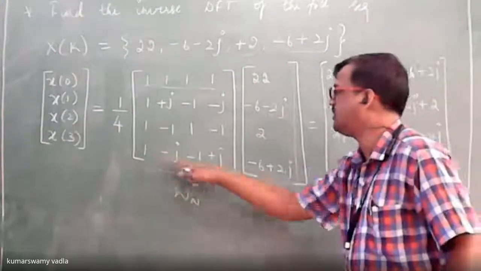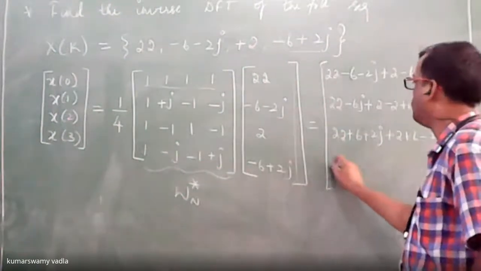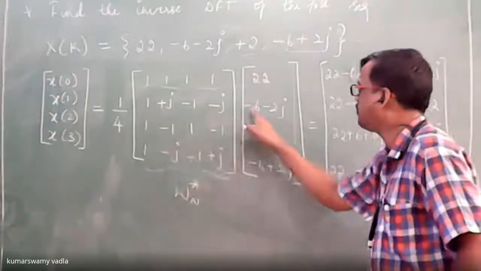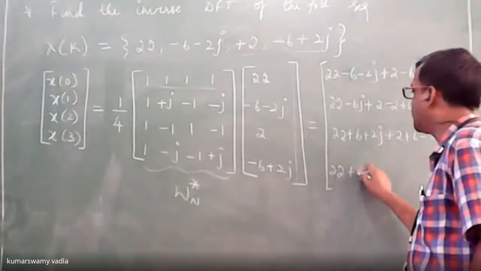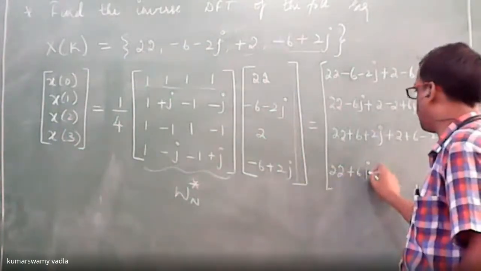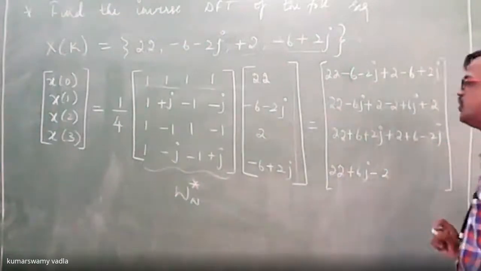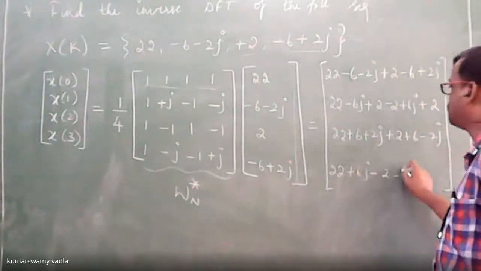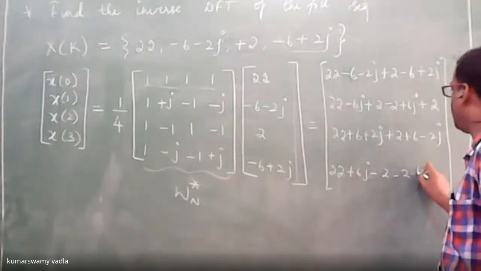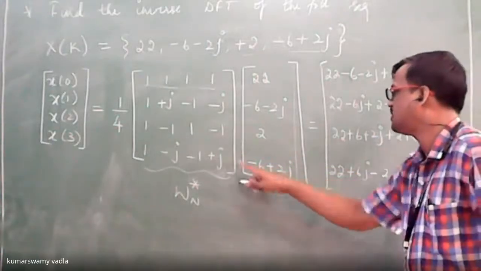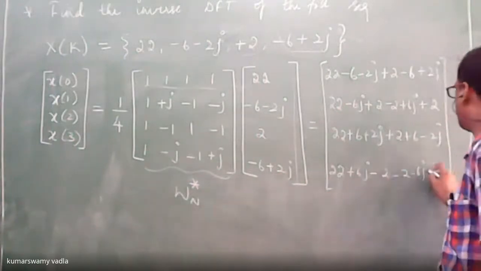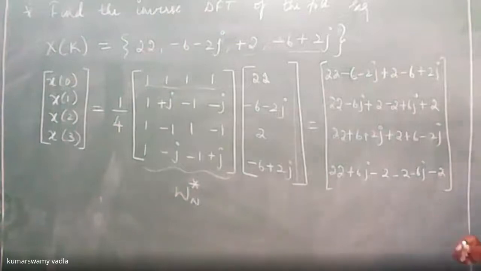How about this one, please? 22, okay, minus into minus plus 6j, minus into minus plus 2j square will become minus 2, then minus 2, okay, then minus 6j, minus 6 plus into plus plus 2j square becomes minus 2.